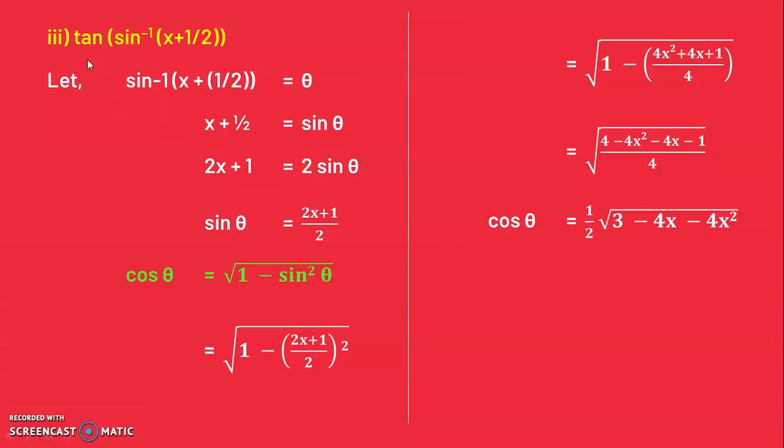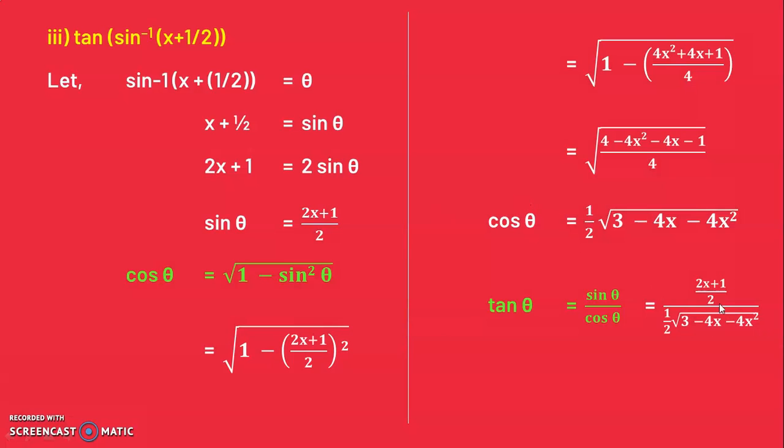Now we have to find your tan theta. So what is your tan theta? Tan theta is equal to sin theta divided by cos theta. We have the value of sin theta here and the value of cos theta here, so just apply those values.